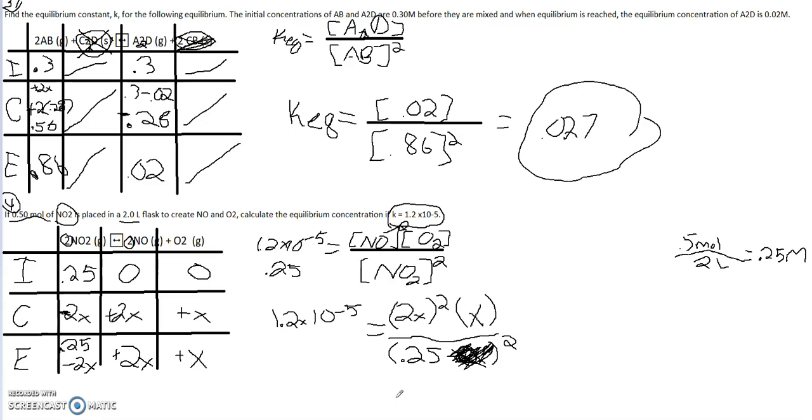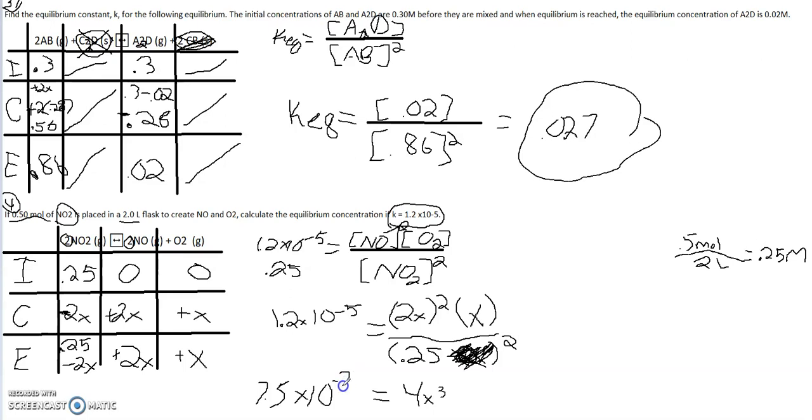So now all we have to do is rewrite our expression. We simplify it a little bit. If we simplify this, we go 2x squared times x. So that ends up being 4x cubed. If we simplify that and we multiply 1.2 times 10 to the negative fifth times 0.25 squared to move that over there, we end up with 7.5 times 10 to the negative seventh.